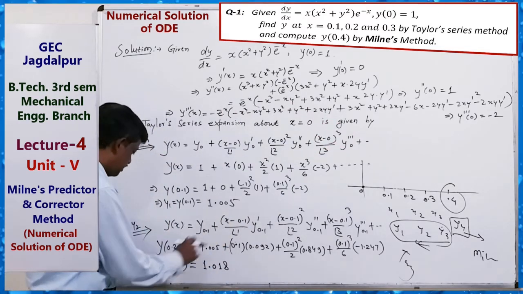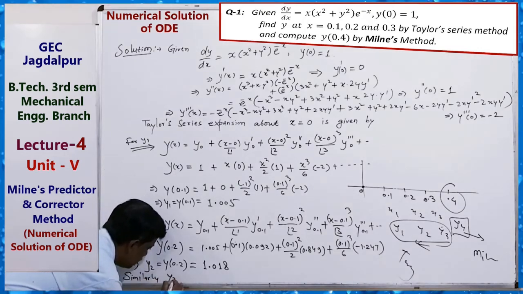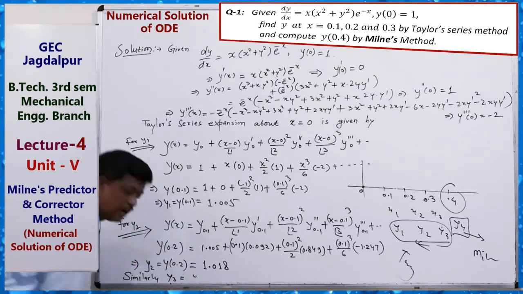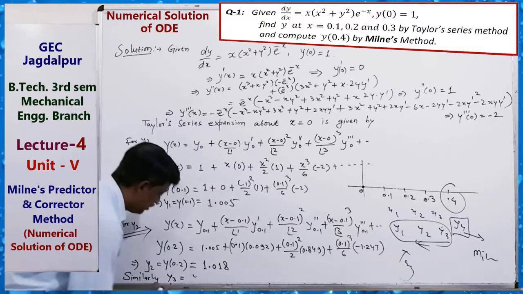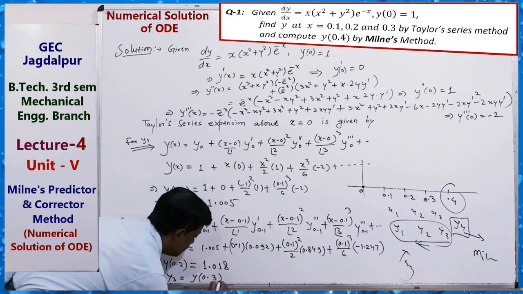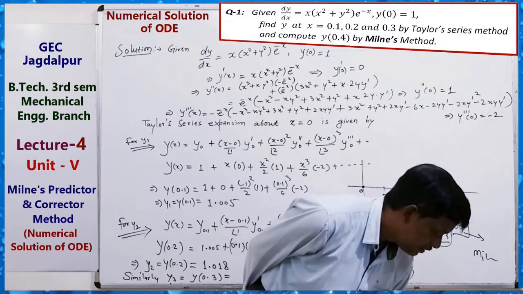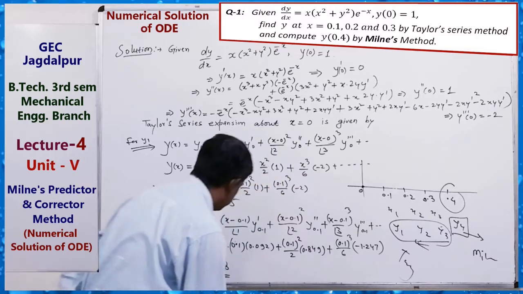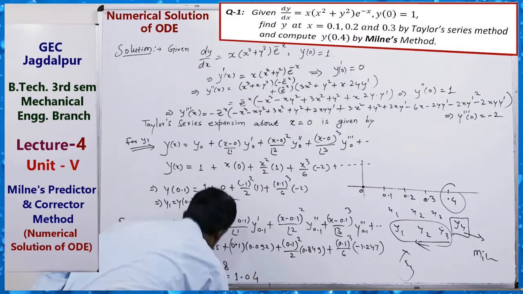Put them here. Then similarly you can find y3 equals y at 0.3. What is the value? 1.04.